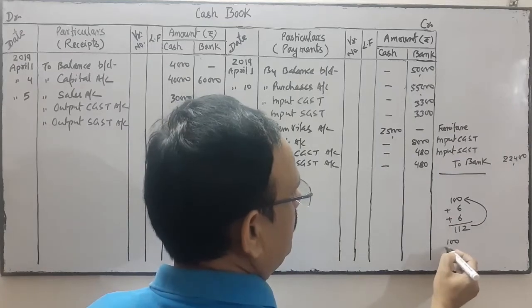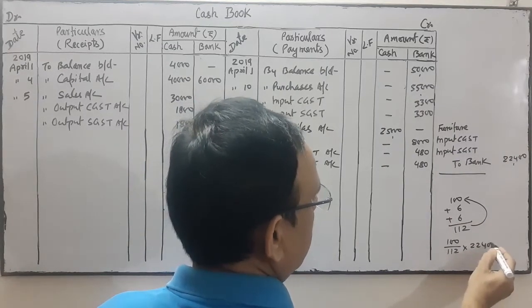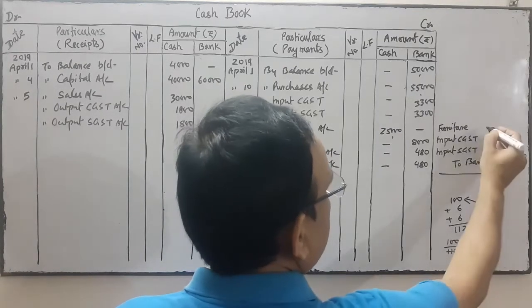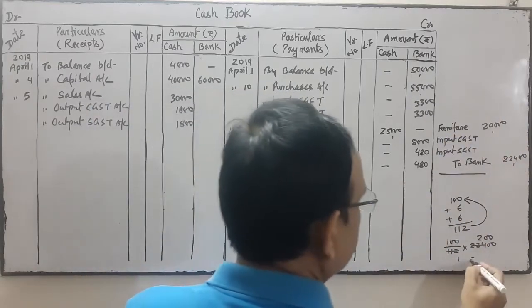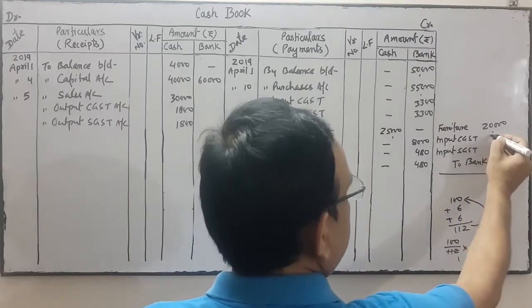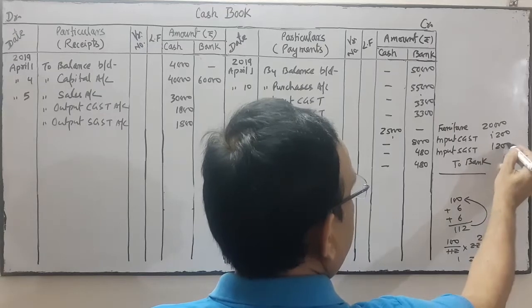So 100 upon 112 into 22,400. It means it is 20,000. So 6%, 1,200 and 1,200. Now it is clear.